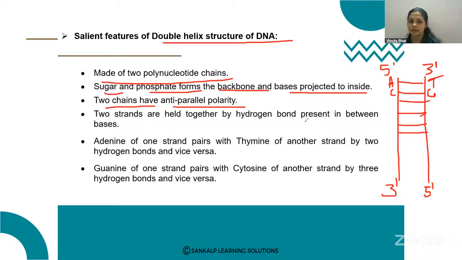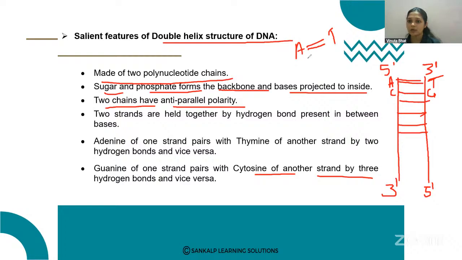Adenine always pairs with thymine by 2 hydrogen bonds, and guanine of one strand pairs with cytosine of the other strand by 3 hydrogen bonds. So these are the nitrogen bases present in the polynucleotide chain.